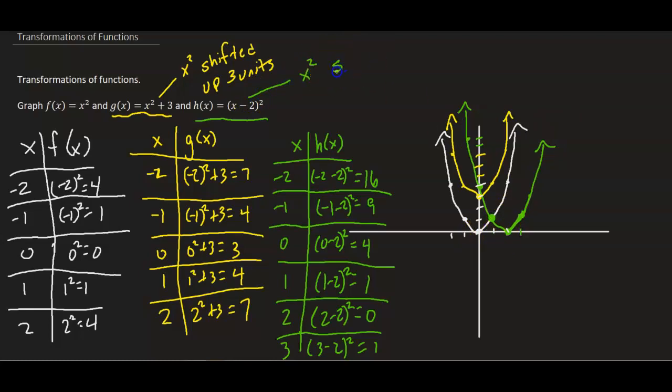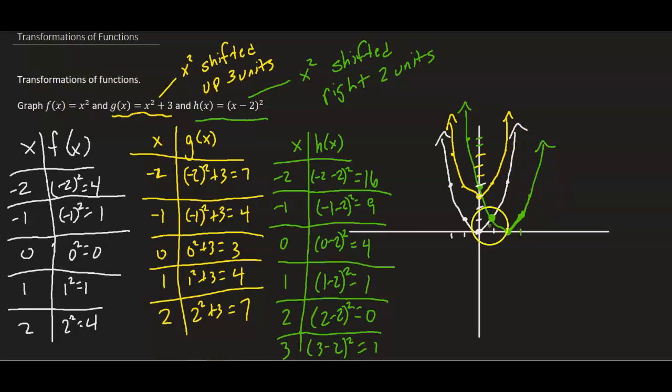We shifted it right 2 units. Now this one is a little bit interesting because you would look at this -2 and you might think that a -2 means that we're going to be moving things to the left here, but it actually turns out when we substitute the values in, it shifts to the right. Okay, so that's going to be a principle that we're going to talk about.